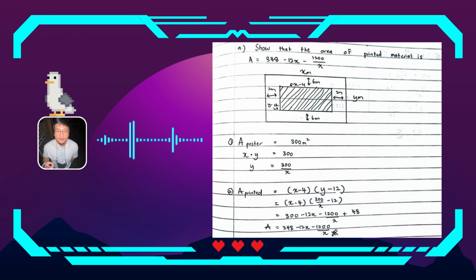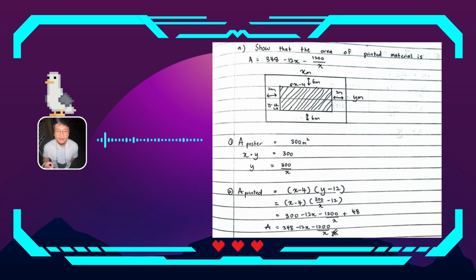So for the top and bottom, we represent it as X and the sides as Y. And for the printed material, I represent the top and bottom as X minus 4 and the sides Y minus 12.